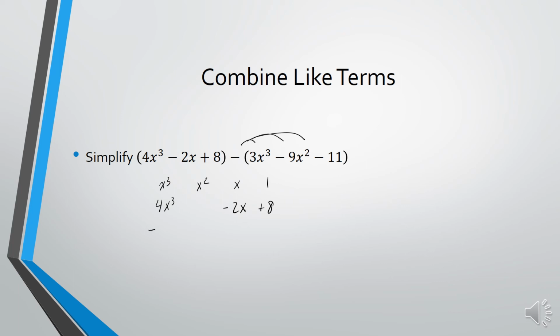So I'm subtracting off 3x cubed, but then that negative 9 becomes a positive 9x squared, and then plus 11, which gives me x cubed plus 9x squared minus 2x plus 19.